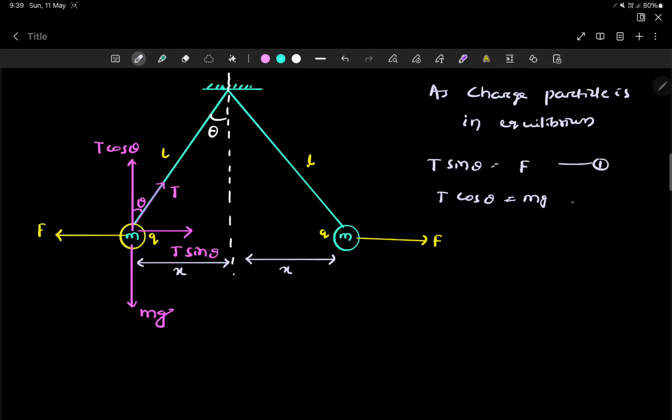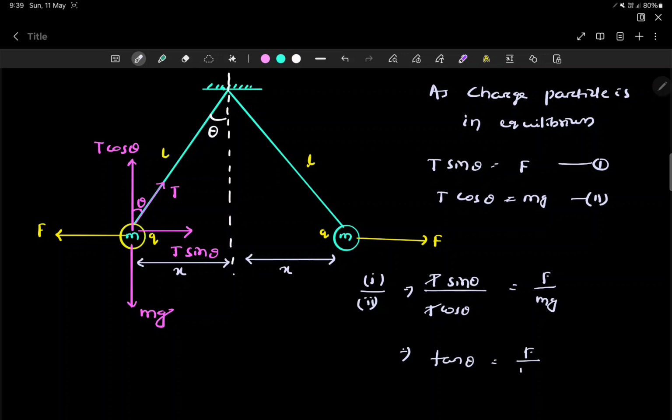Now we can divide equation 1 and 2. Dividing, T sin theta divided by T cos theta is F divided by mg. T gets cancelled out, so tan theta equals F by mg.